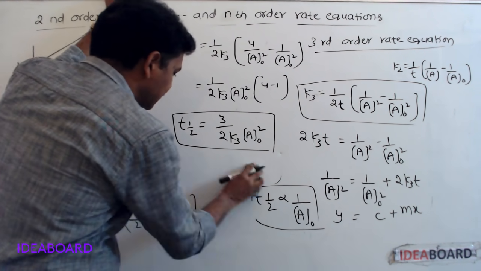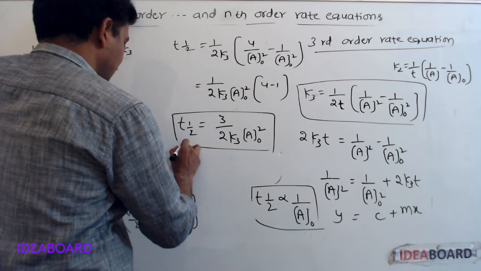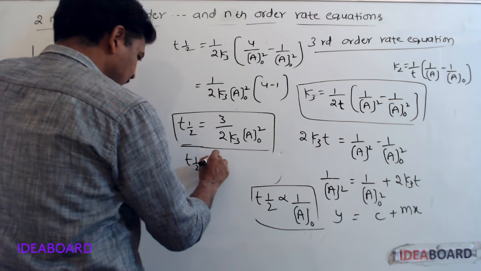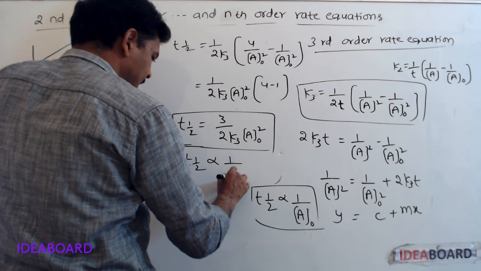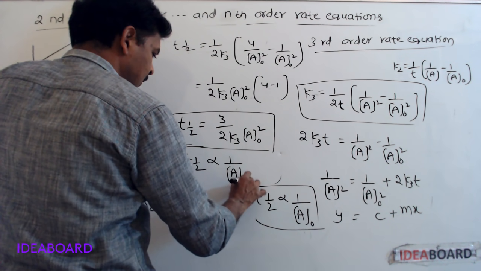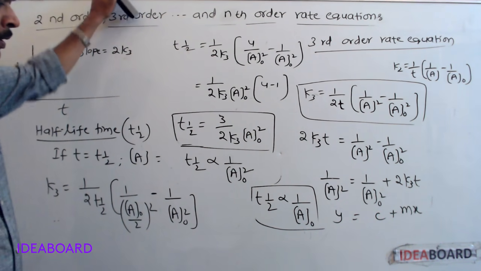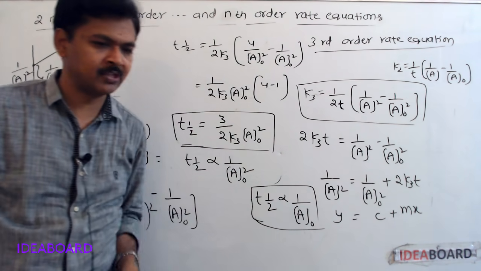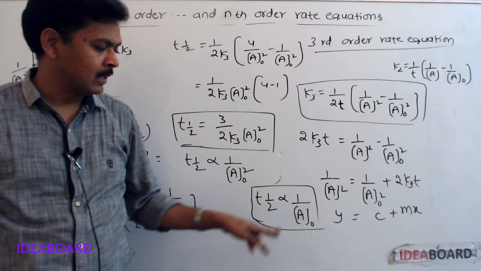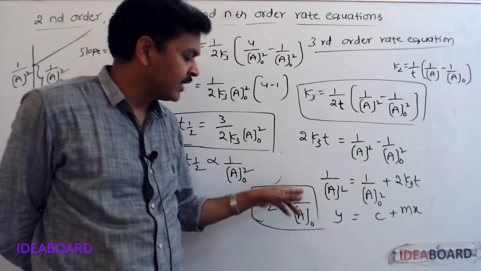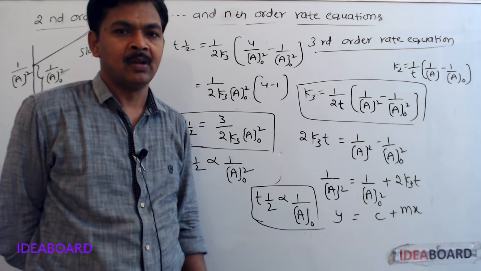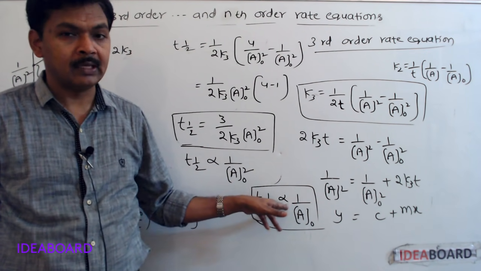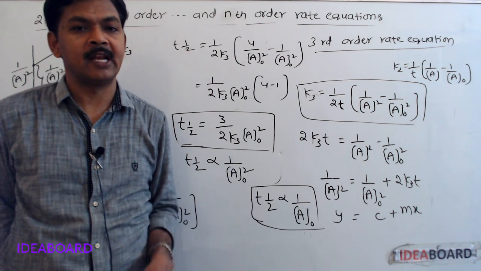From this we can write T half is directly proportional to 1 by A concentration square. For second order reactions, we got this equation: half lifetime is inversely proportional to the initial concentration of the reactants.